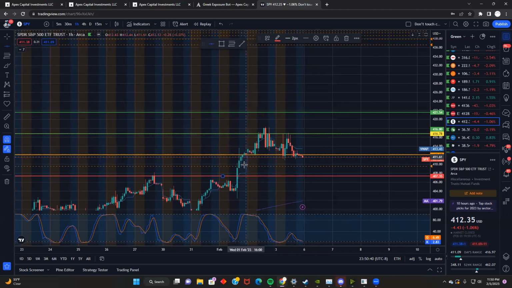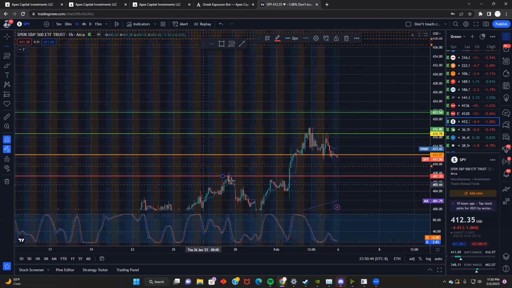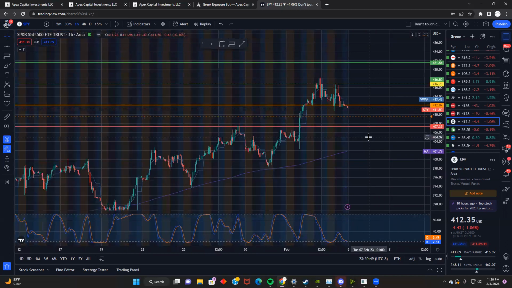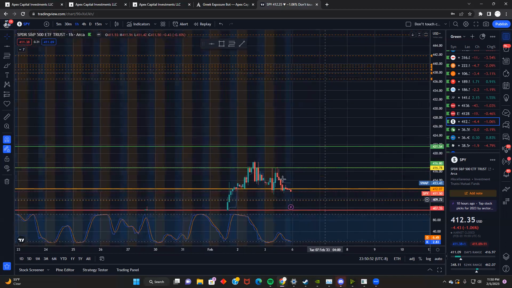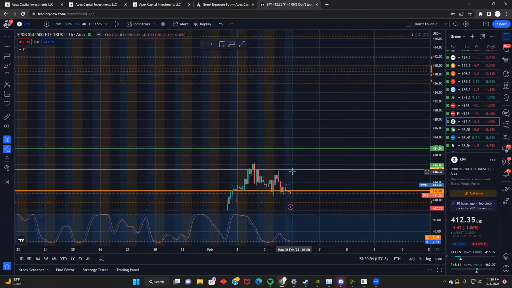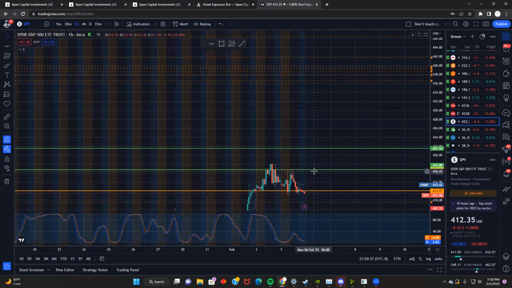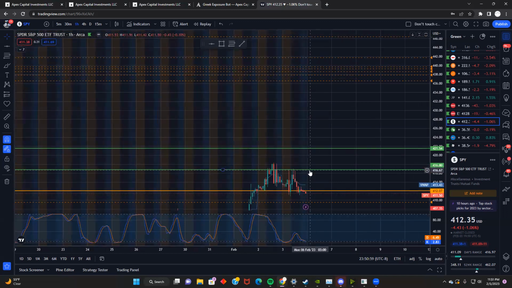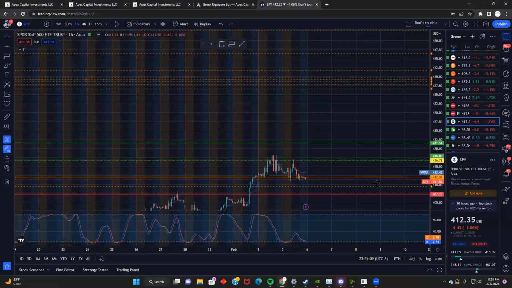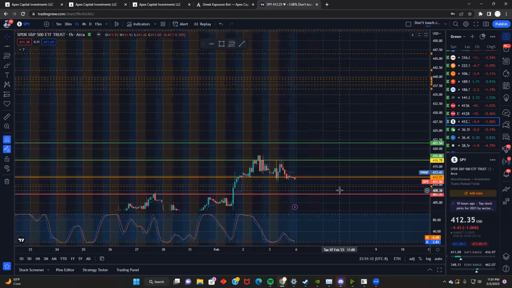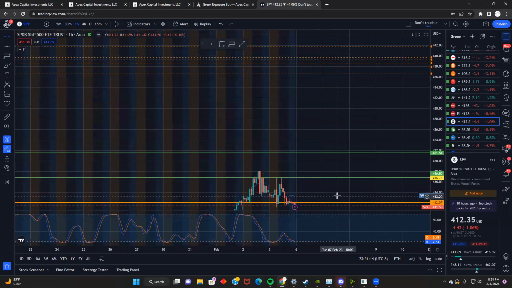So we could easily bearish engulf this whole setup right here and come right down to this demand area that price had previously broke out from. And the same thing goes with the upside. If we do break above this 416 area, that'll confirm a triple top breakout, which is rare to come across, but that'll be strong enough to take it to that 421 area. And we know that these targets can hit because it's a mathematical target that we literally came up with based on our implied ranges.